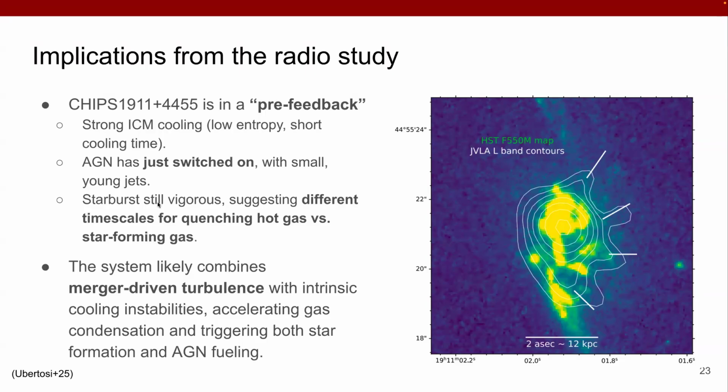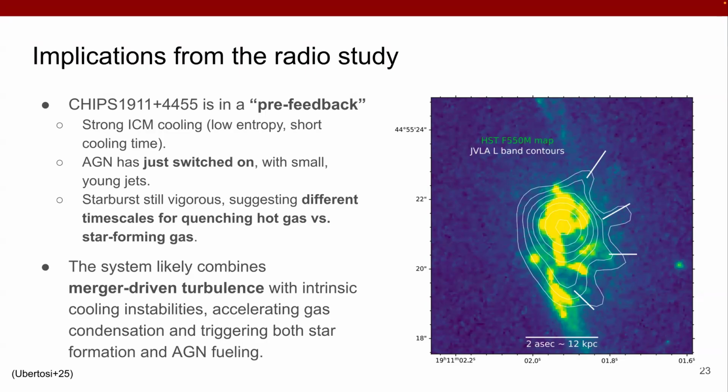And that means the time scale is very different between the gas quenching and the star forming gas. So the hot gas from the ICM quenching and the star forming gas have different time scales. That's why the two things don't basically match.